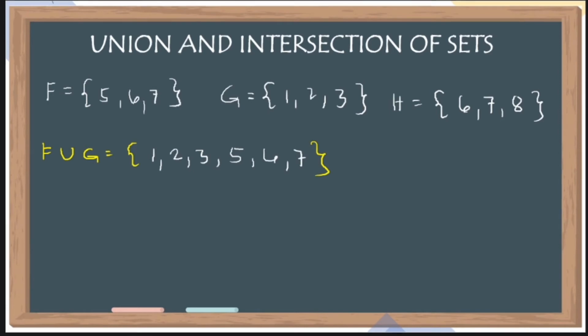Okay? How about the intersection of F and G? So, the intersection of F and G, let's see. Walang common. This is 5, 6, 7. This is 1, 2, 3. Walang common. So, again, this is empty set, null set. Okay? This is the symbol for null or empty. Okay?